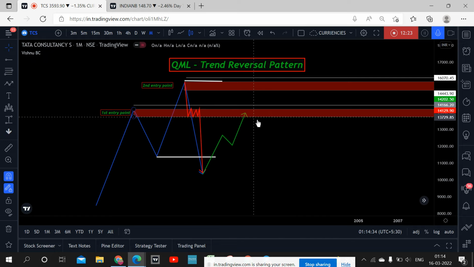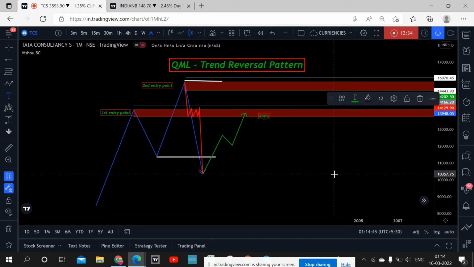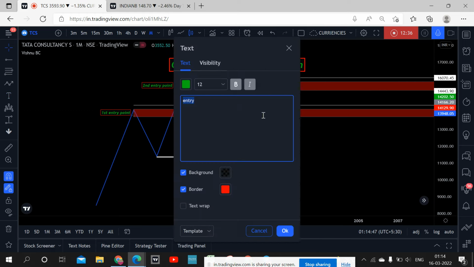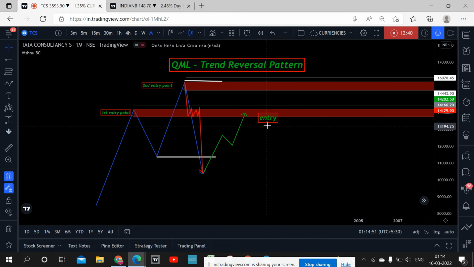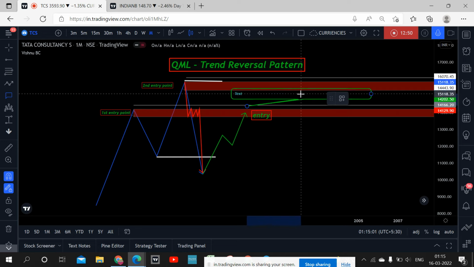So whenever price comes here, make your entry. And where is your stop loss? Your stop loss is here.